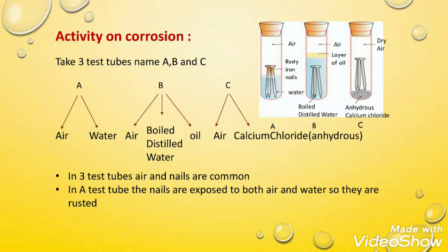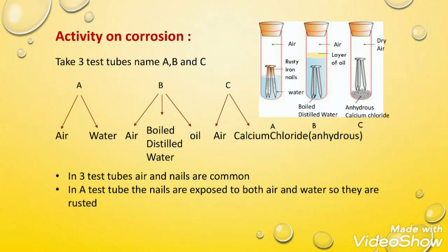Take 3 test tubes named A, B, C. If you observe the diagram, there are 2 things common in the test tubes: one is air, second one is nails. Now what other materials are used in the A, B, C test tubes?